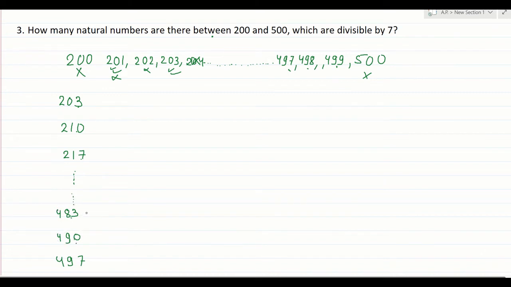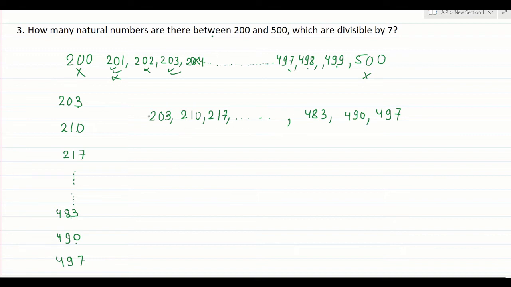Isn't this? So ultimately, we have got numbers 203, 210, 217, so on. Then it is 483, 490, 497. Don't you think this sequence of numbers will form an AP? Of course, the difference between a term and its preceding term is the same throughout. Here the difference is coming 7.